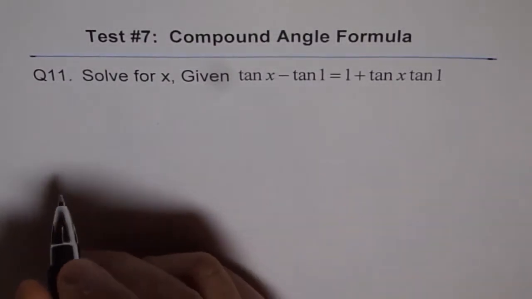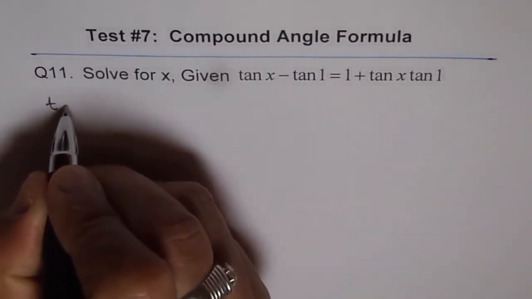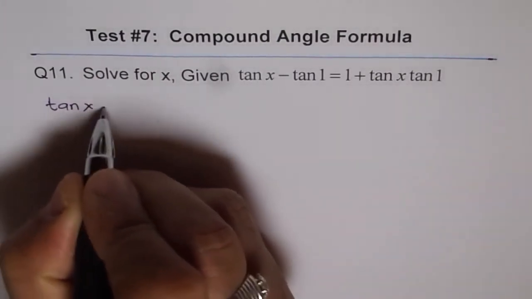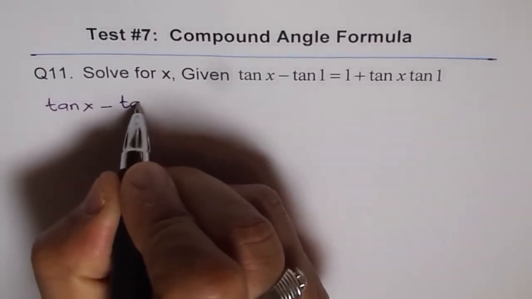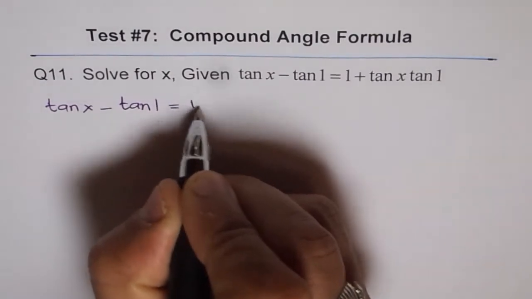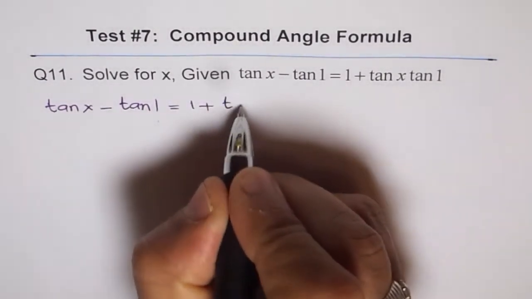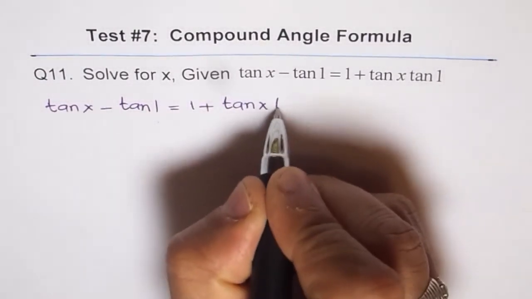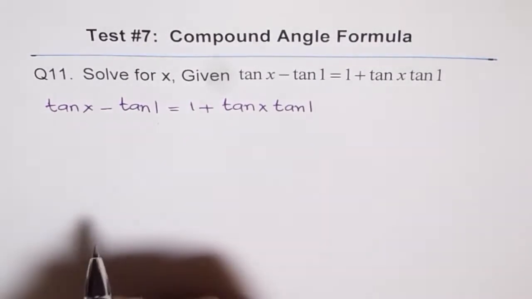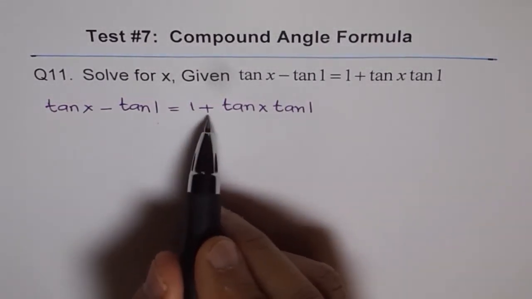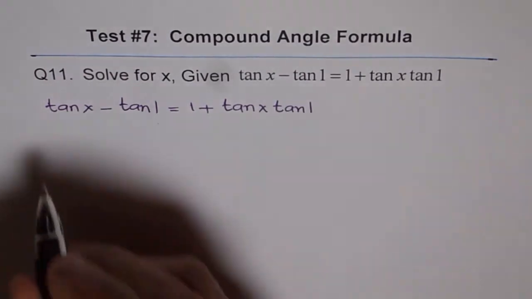Here is my solution. We have the problem as tan x minus tan 1 equals 1 plus tan x tan 1. Now let's divide both sides by 1 plus tan x tan 1. And what will we get?